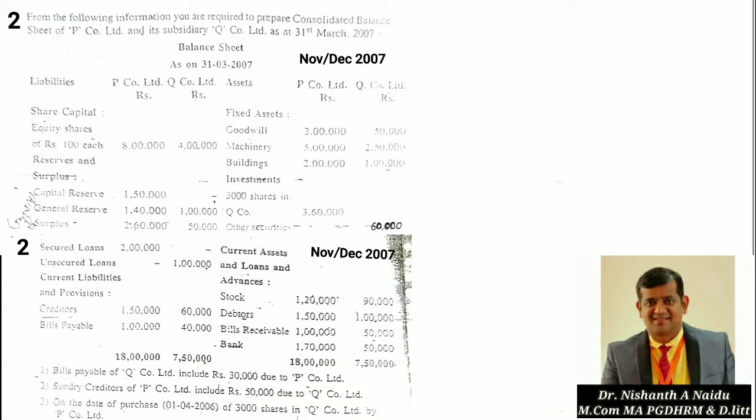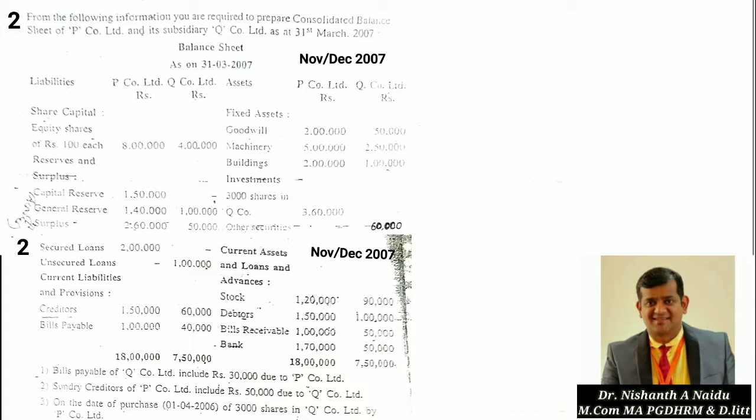Debtors 1,50,000 P Company Limited and 1 lakh Q Company Limited. Bills receivable 1 lakh P Company Limited and 50,000 Q Company Limited. Bank 1,70,000 P Company Limited, 50,000 Q Company Limited. So P Company Limited total 18 lakh, Q Company Limited total 7,50,000.